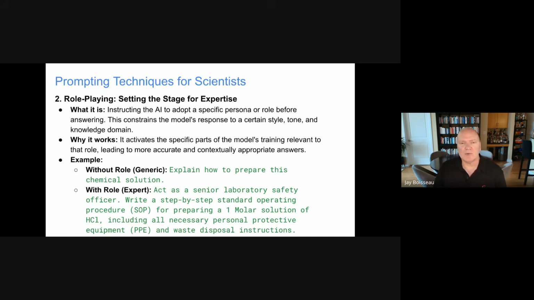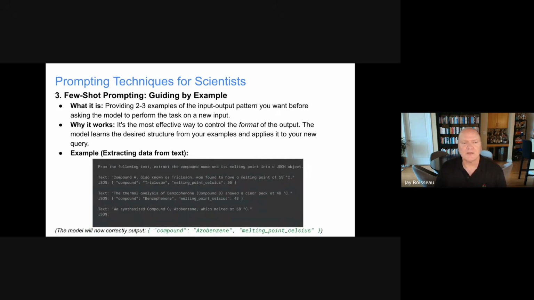That's a very important thing to realize about these models. It's the same model. It's coded with the world's available information, but getting the expert information out requires triggering that with prompts that are asking for expertise, telling it to act like an expert, etc. Few-shot prompting is guiding by example. This is where you give 2 or 3 examples, and I hope that you can read the examples in the text window that I copied from a console here.